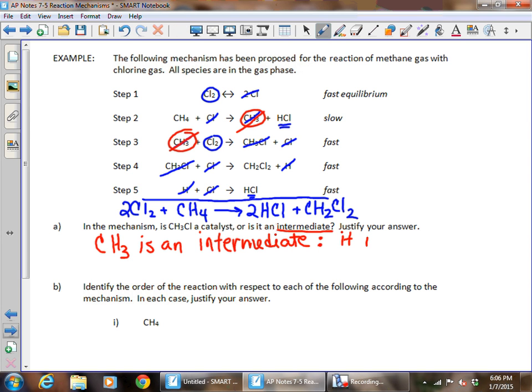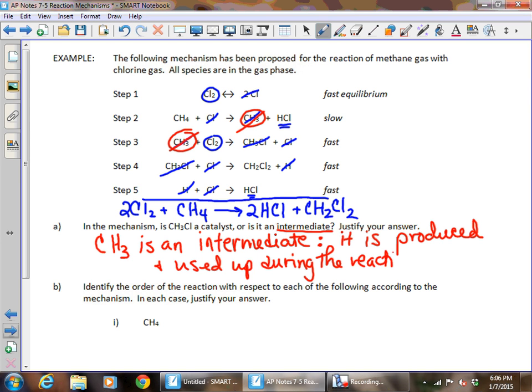It is produced and used up during, in the middle of the reaction. Okay, so that answers that question.